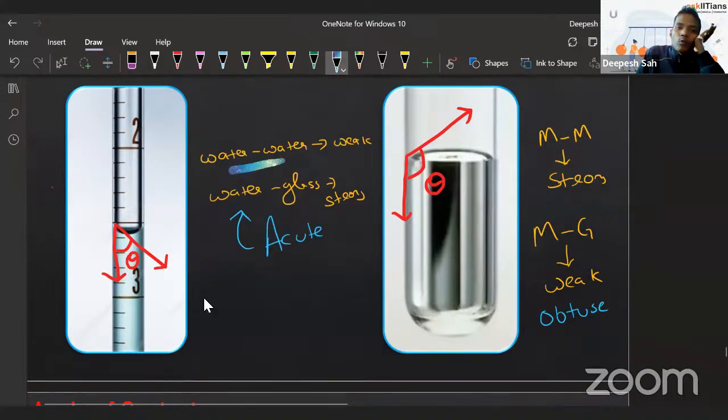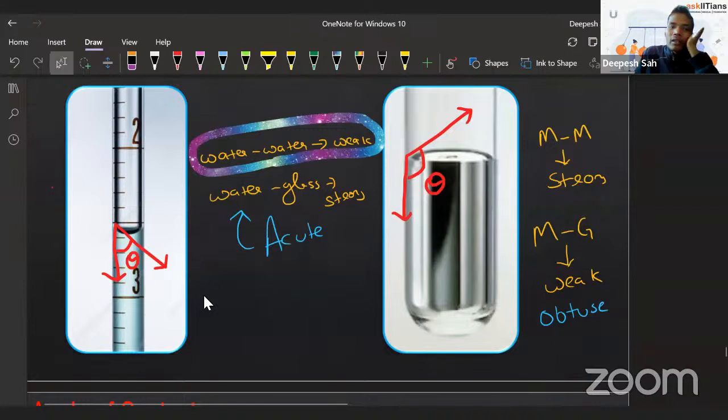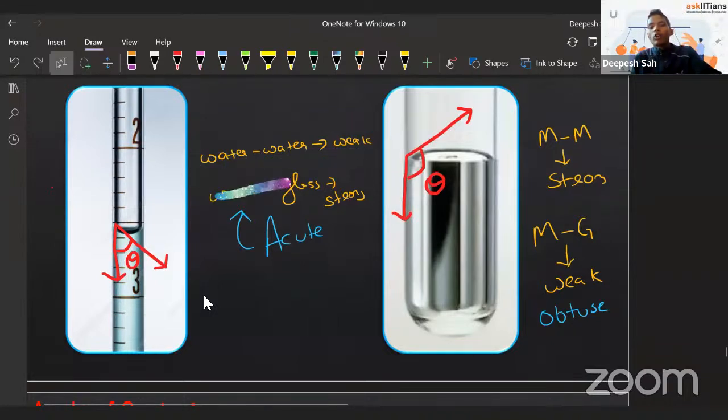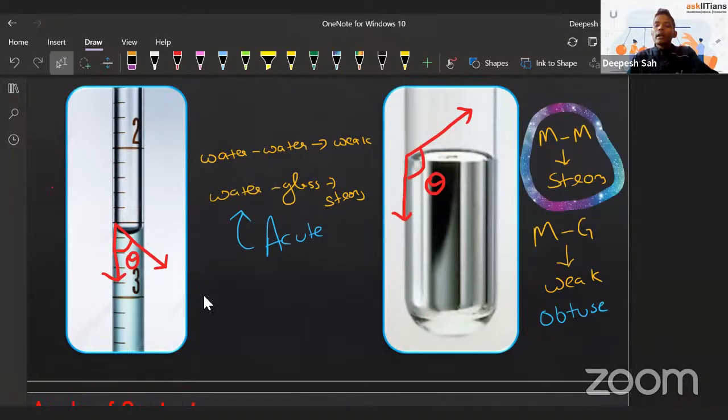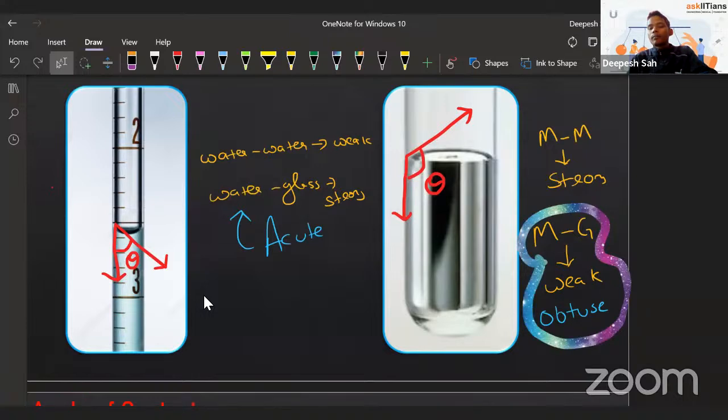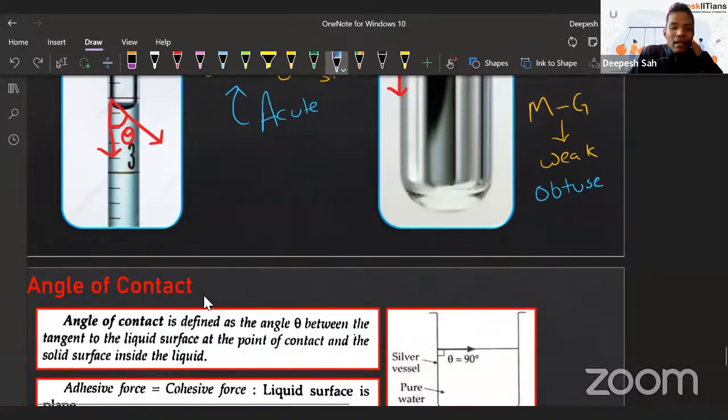Because the force between water and water is weak, and the force between water and the glass is comparatively strong. Similarly, why is there a curve like this? Because the force between mercury and mercury is strong, and the force between mercury and glass is comparatively weak.